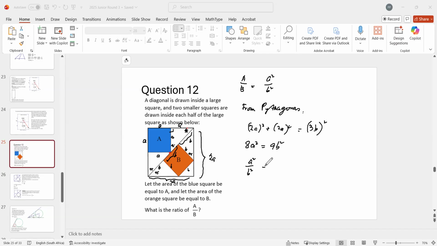Be careful here. A lot of people say a squared over b squared is 8 over 9. Not equal to. Right? Be careful. Why? Because actually what you have here is you got 8a squared.